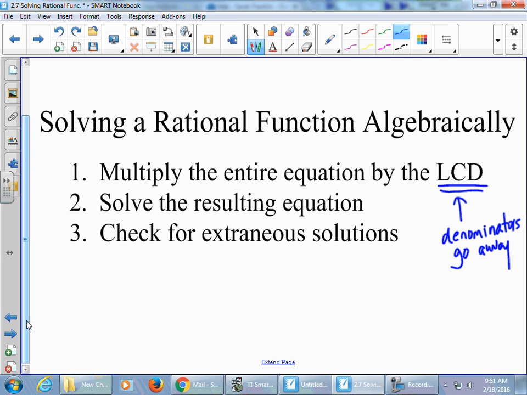And what can we not have with fractions? Zeros. Zeros where? In the denominator. So when I say check for extraneous solutions, really what you're checking for is 0 in your denominator.